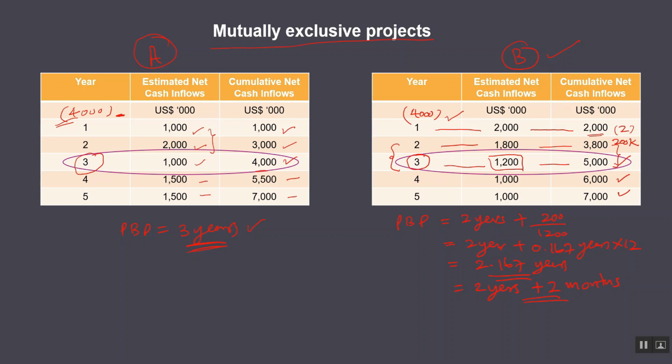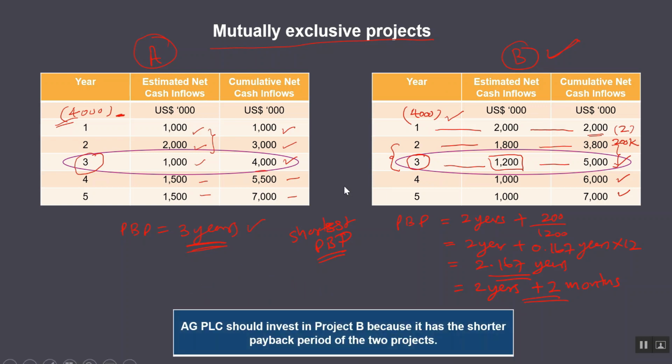The project which has the shortest payback period will be selected. So according to this, project B will be selected as the feasible investment. AG PLC should invest in project B because it has the shortest payback period of the two projects.